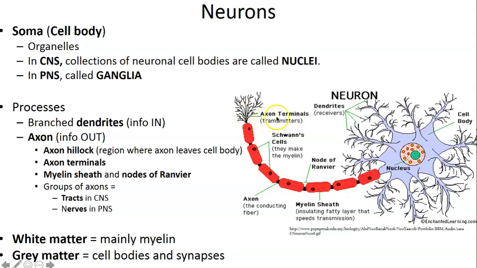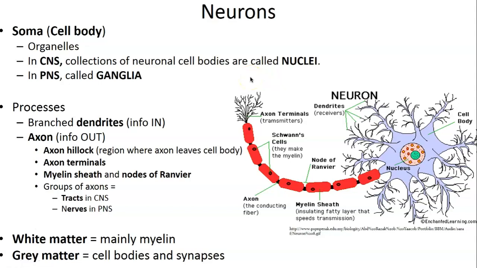And so a neuron will get a signal from its dendrites, send it down the axon, down to the axon terminals, and transmit that signal to the next neuron or to its target.